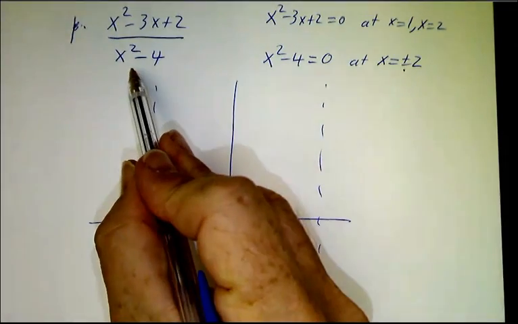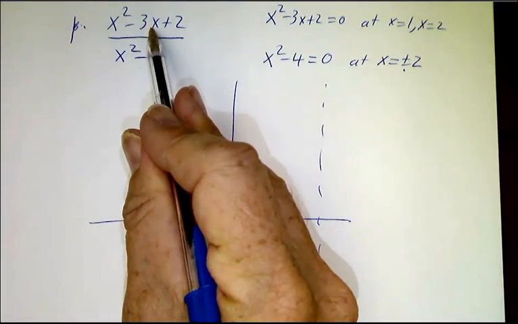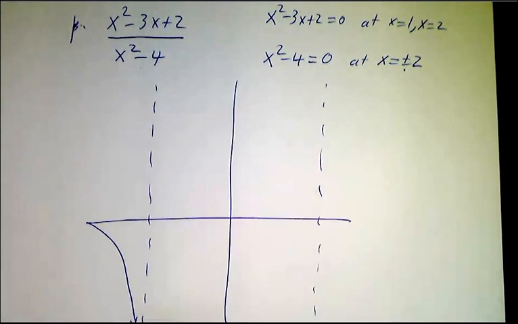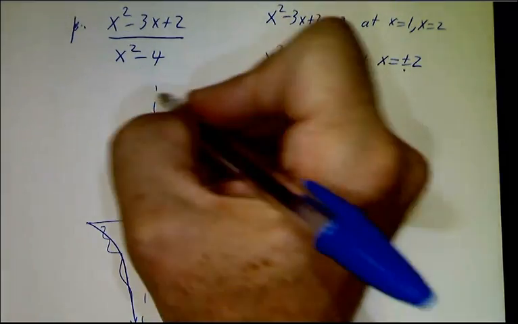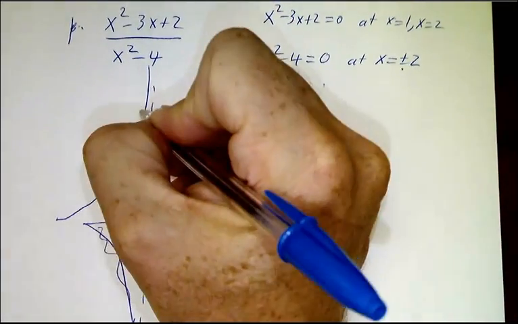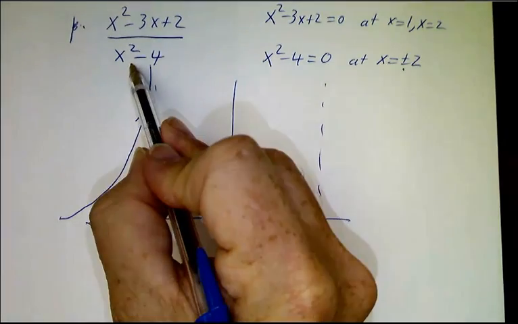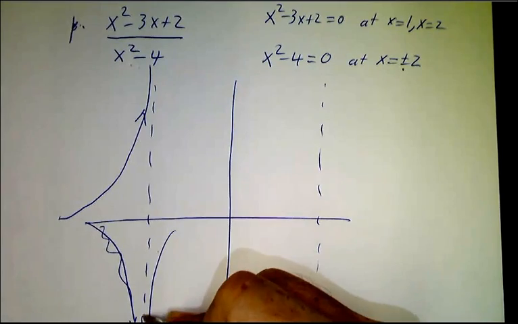If you're slightly less than minus 2, this is negative, and this is positive, so you go off to minus infinity. Sorry, scratch that. They're both positive. It goes off to plus infinity. If you're slightly bigger than negative 2, this is negative, and this is positive, and it goes off to minus infinity.